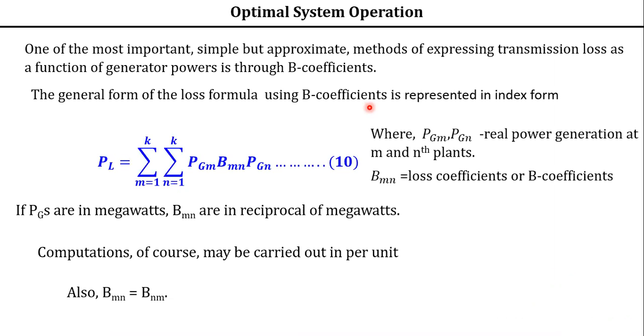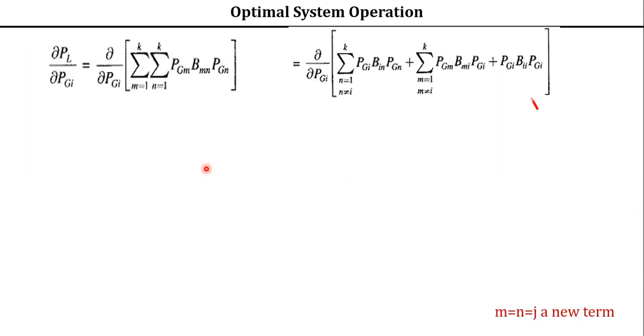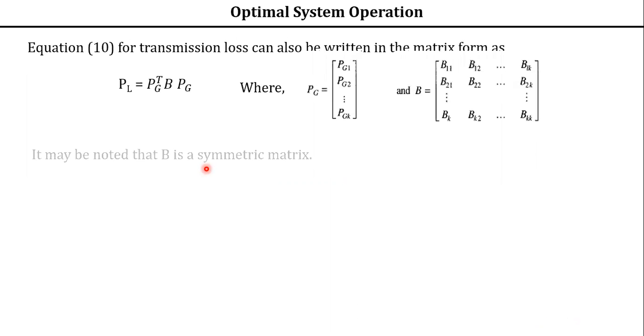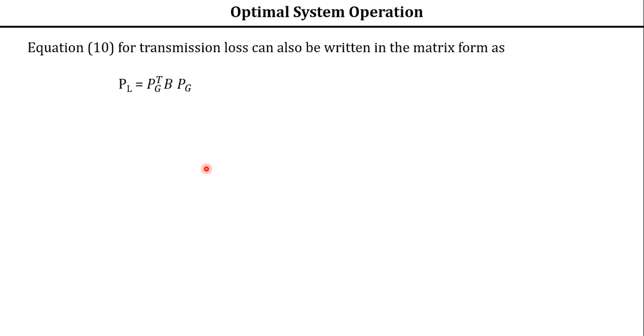We have represented them in index form, that is M equal to 1 to K and N equal to 1 to K are the indices. They can also be represented in matrix form. That is another way, and it may be helpful for numerical problems.